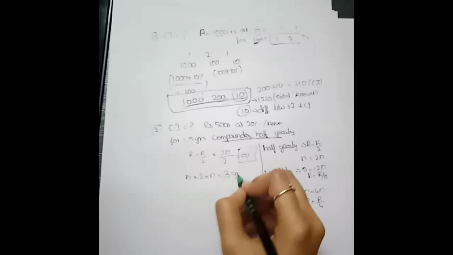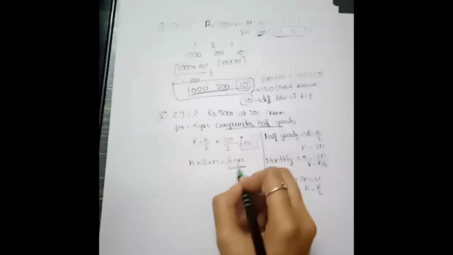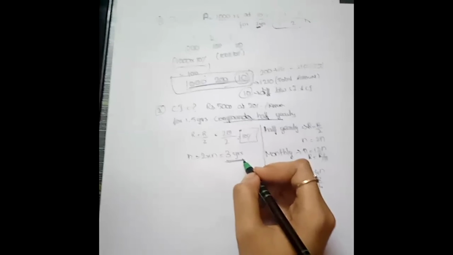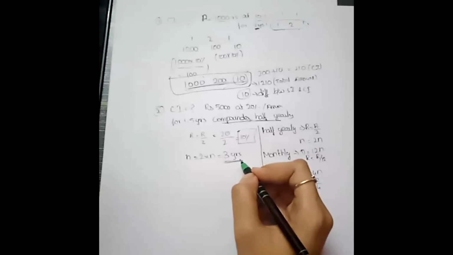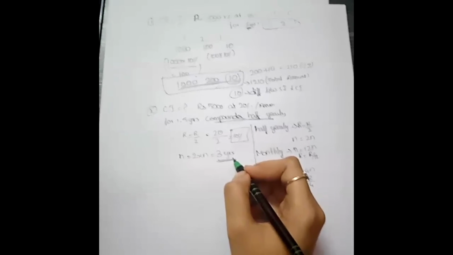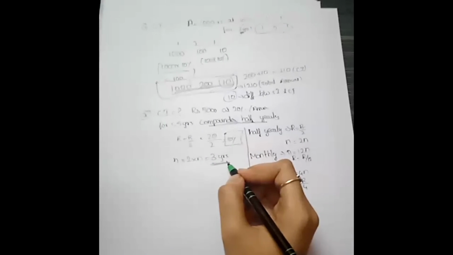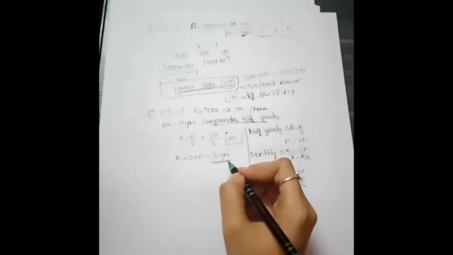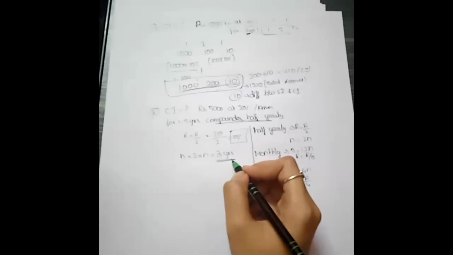So 3 years is nothing but what? Pascal's triangle. You must have noted it, right? Can anyone say what that row is? Excuse me, my hand is shaking a little bit.